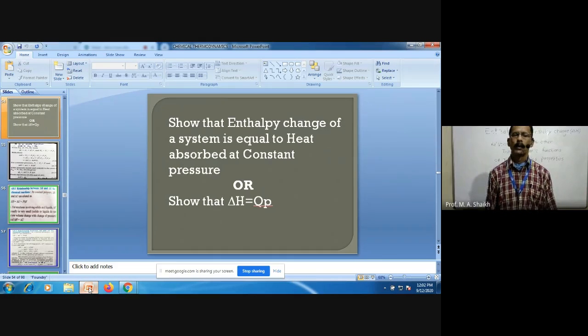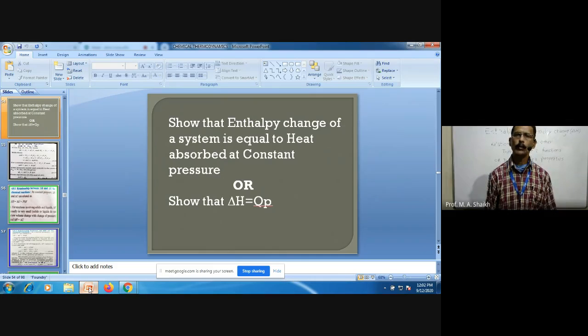Enthalpy change means delta H. And what is the heat absorbed at constant pressure? QP. The symbol for heat is Q, and when pressure is constant, Q becomes QP. So QP is the heat at constant pressure. But here heat is absorbed.